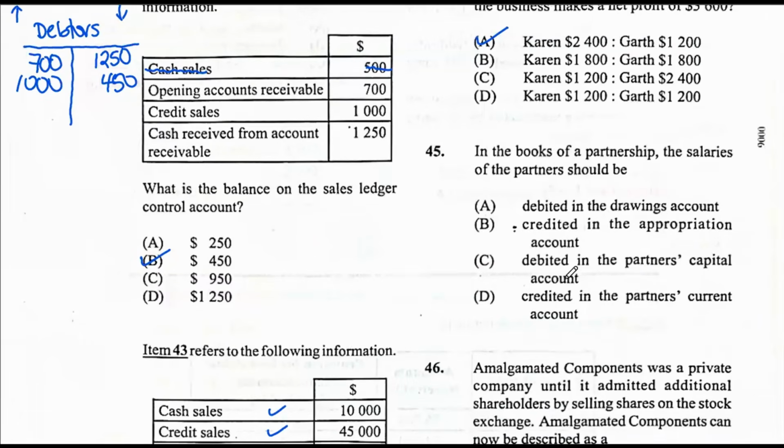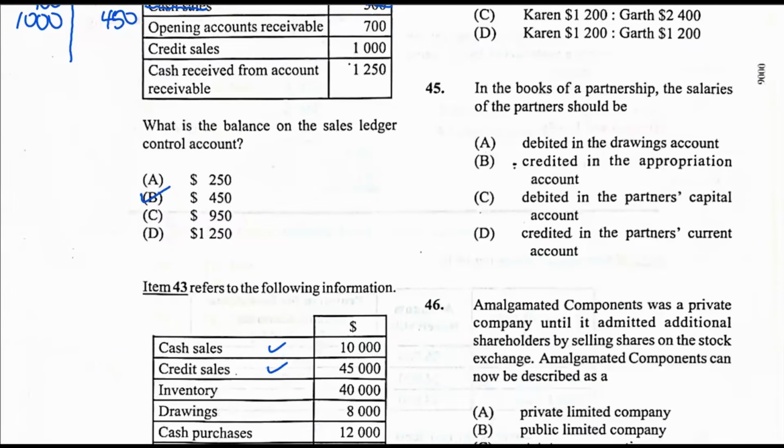Right, guys, the best answer there would have been D, credited in the partner's current account. Because you guys remember, the current account represents the amount of interest the partners have in the business over the period. The credit side looks at what the business will be owing the partner, and the business will be owing the partner salaries, so therefore this will be on the credit side of the current account.